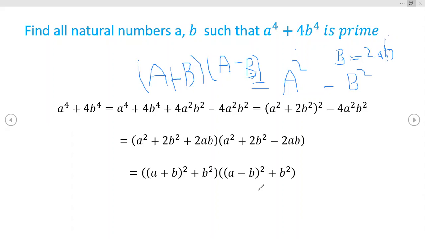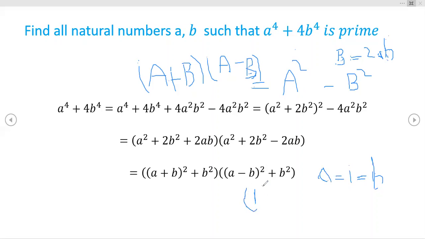Now finally we can get to the result. Notice we were looking for all the a's and b's. We have this thing factored after about 1 million years of struggle here. But when a and b are equal to 1, this part right here evaluates to 0, and so we actually get 1.